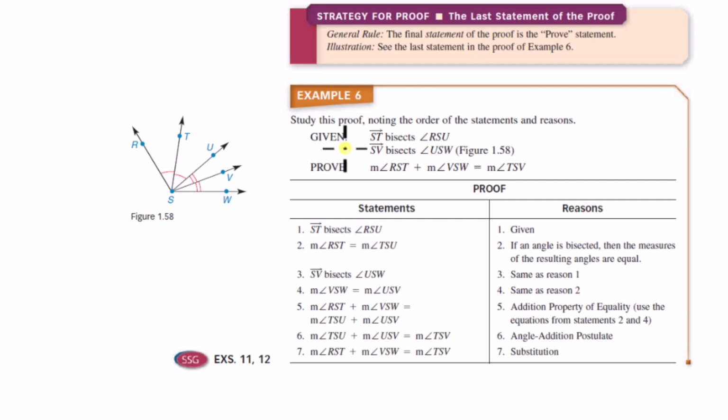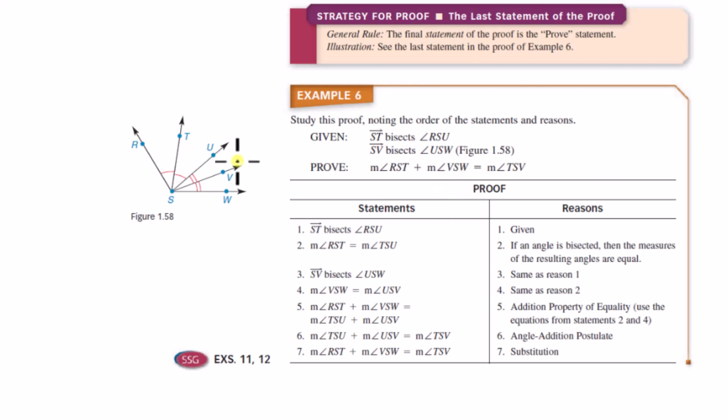Given that ray ST bisects angle RSU, and ray SV bisects angle USW, prove that the measure of angle RST plus the measure of angle VSW is equal to the measure of angle TSV.